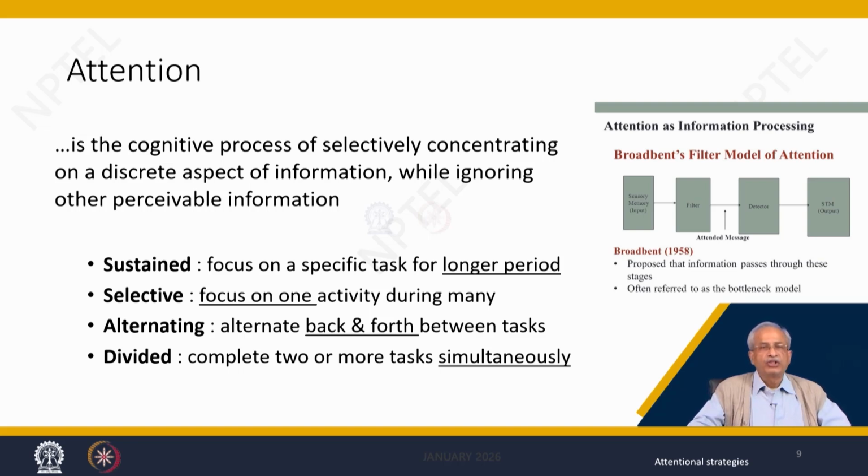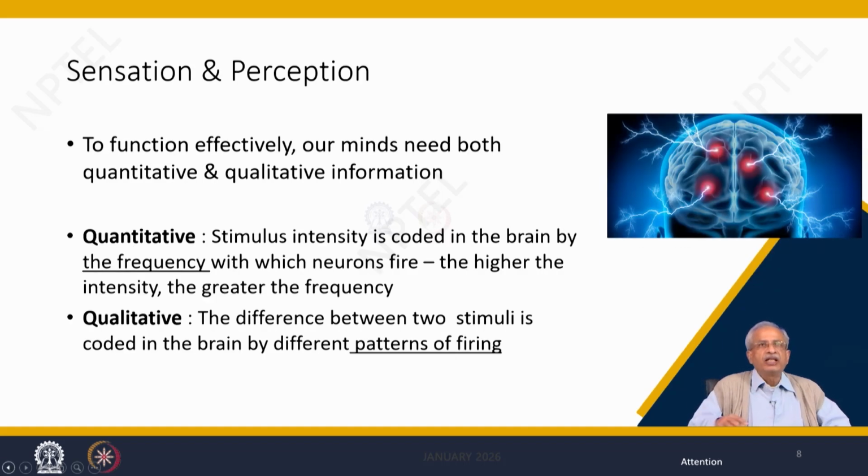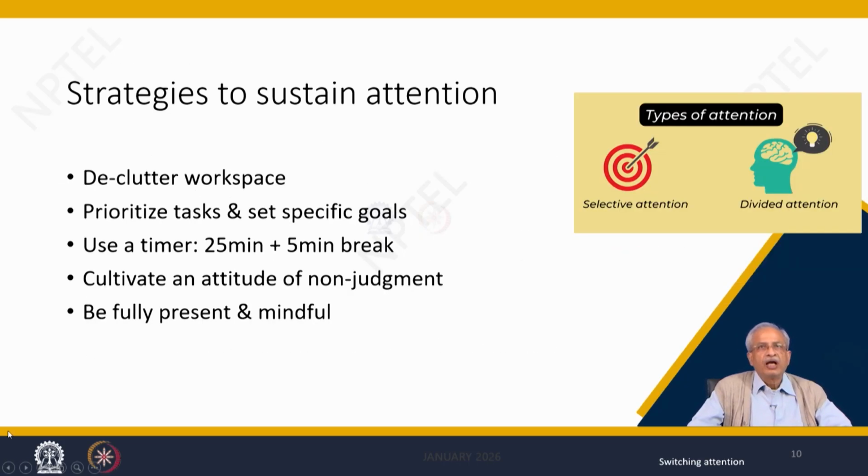Now, there are several strategies to do attention. I will talk about those strategies, and let us try to understand them. To sustain attention, you have to declutter the workspace, because alternating attention is a very difficult process.